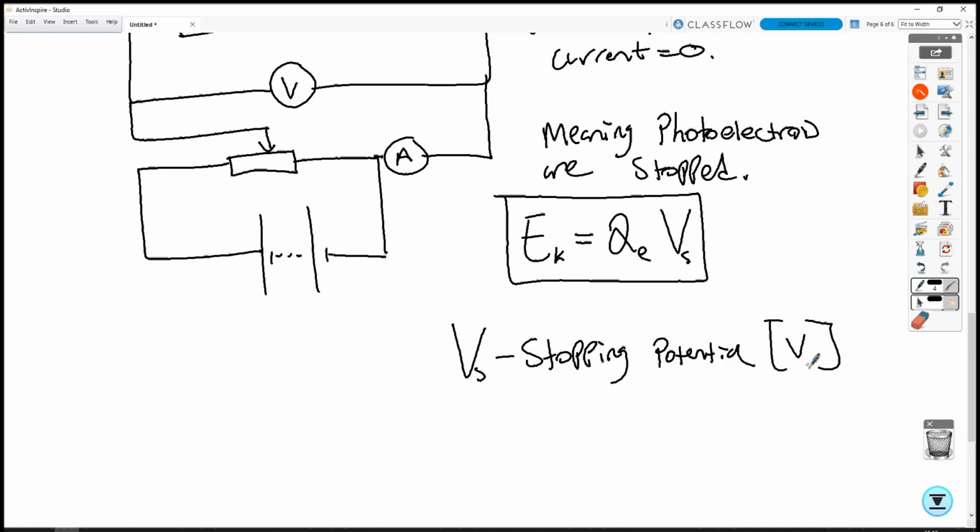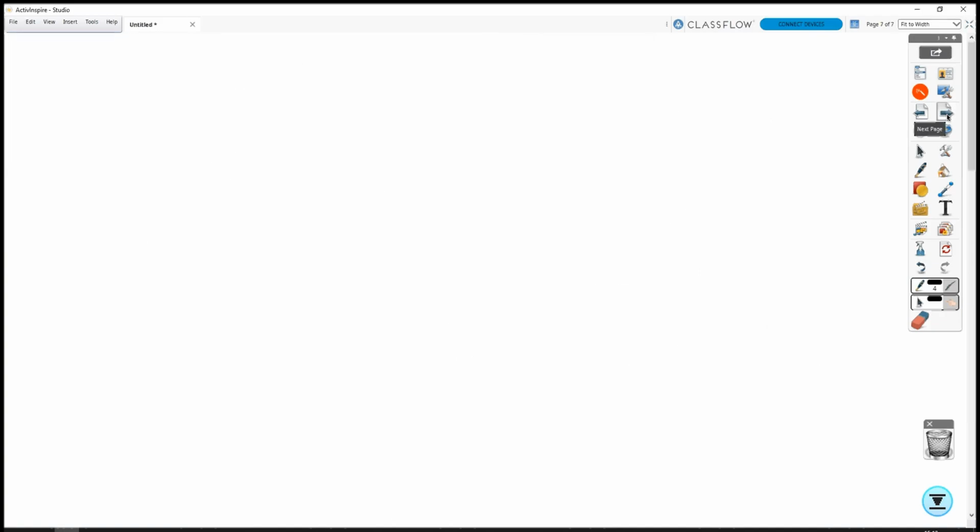Finally, we'll look at some graphs before wrapping this topic up. So we start a new page. We'll do graphs. So electrons are stopped if they lose all EK. They lose all kinetic energy.